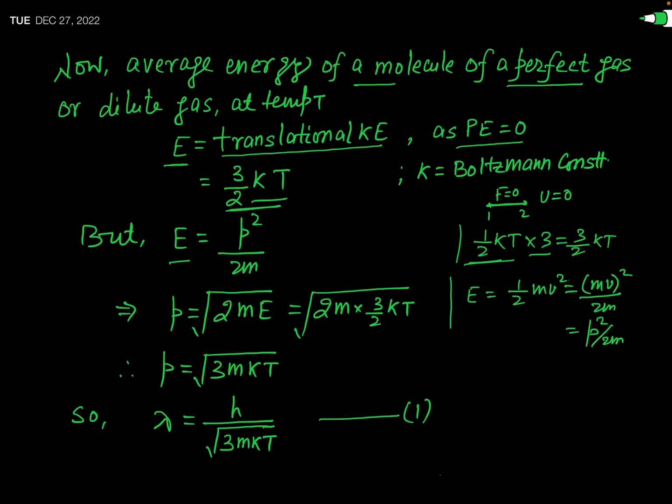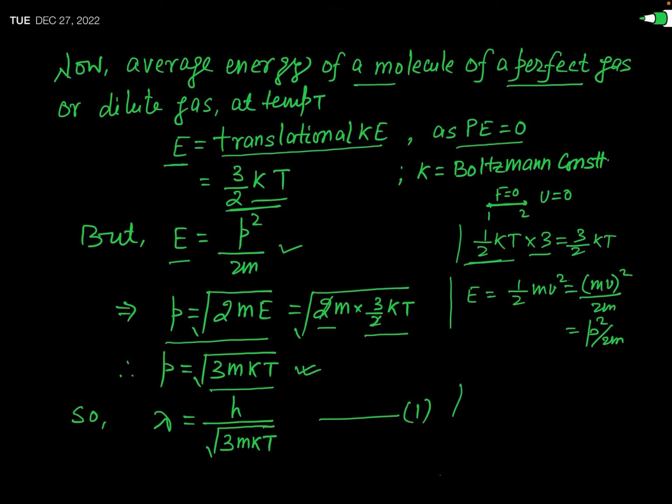So E is equal to p square over 2m, and so p is the square root of 2mE. Let us substitute the value of E here: the square root of 2m times 3 by 2 kT. This 2 and this 2 will cancel out, and so the momentum of the molecule of a perfect gas is simply the square root of 3mkT.